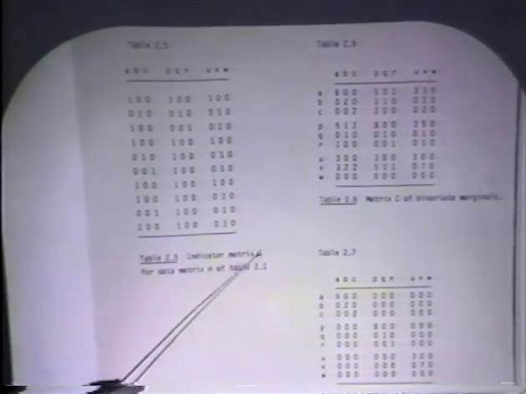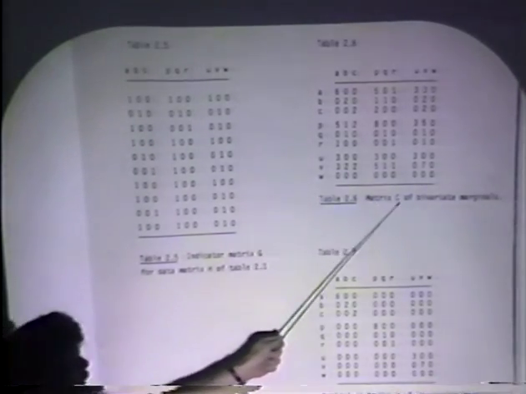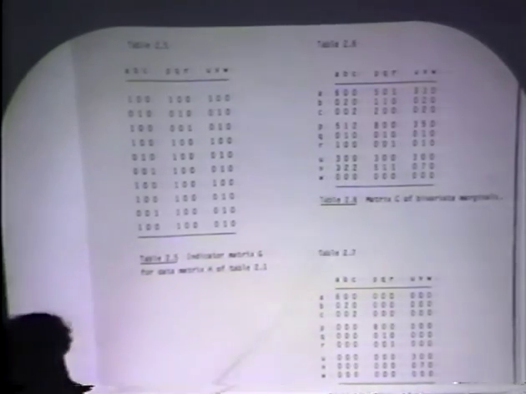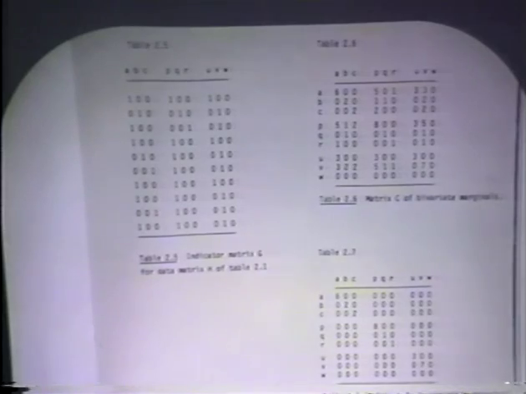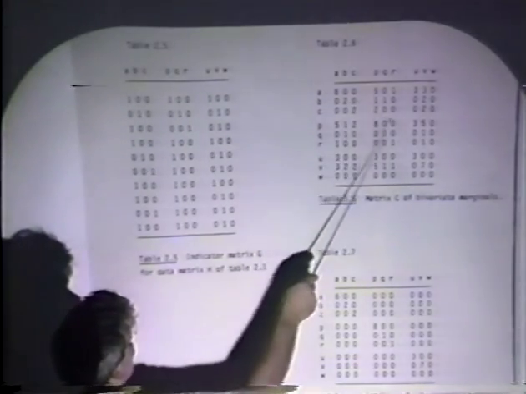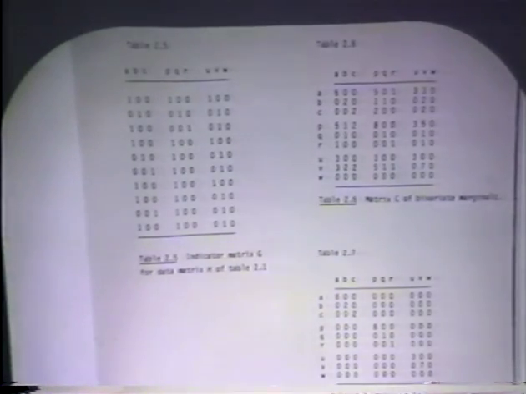This is G. The inner product of G with itself is called C. It consists of submatrices where each submatrix contains one set of bivariate marginals, one cross table. So this here is the cross table of variables 1 and 2. This is the cross table of variables 1 and 3, and so on.